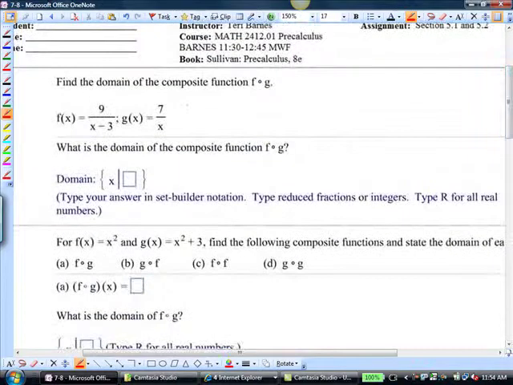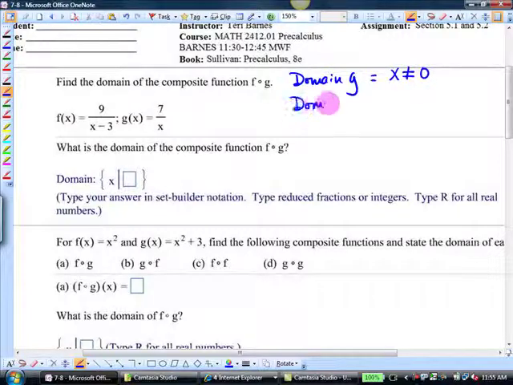Okay. Find the domain of the composite function f of g. All right, so this is where we need to do the work. Okay, so what is the domain of g? X cannot be 0.